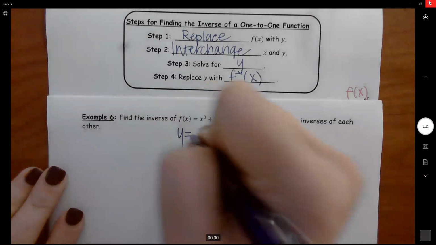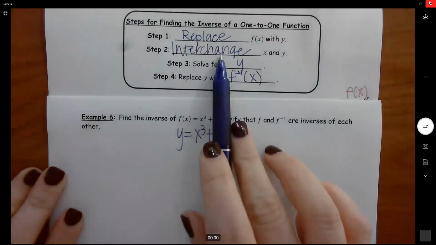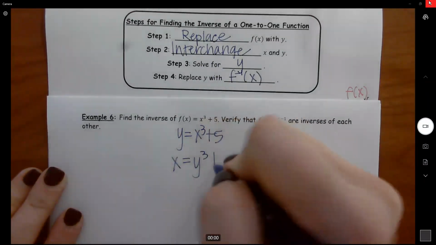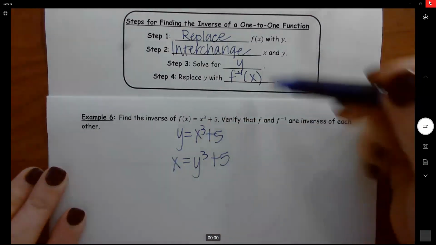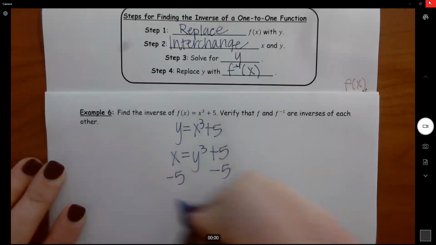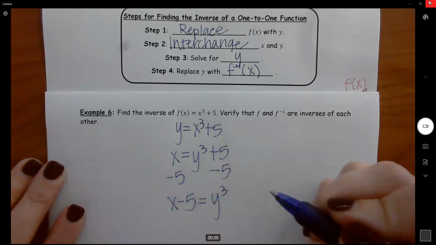So I get y equals x cubed plus 5. I need to interchange my x and y. So this becomes x equals y cubed plus 5. And I'll solve for y. So I'll subtract my 5 over. X minus 5 equals y cubed.